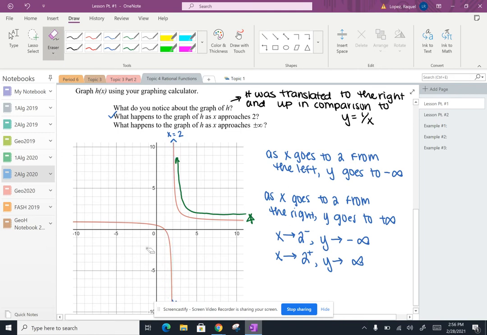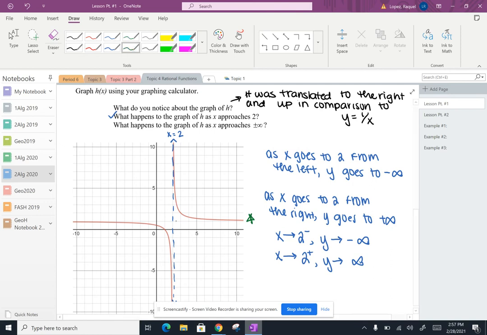Let me clean this up a little bit. I want to keep this blue line here, and I'm going to turn it into a dotted line. Now they're asking what happens as x goes to positive infinity and negative infinity. What's happening to my graph as I move from the center and go to the right or to the left?